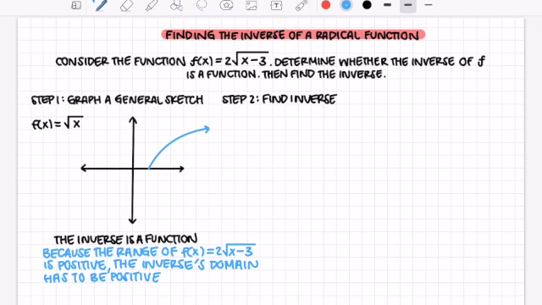And we'll get more into that as we continue on with this answer. So let's start off first by finding the inverse.